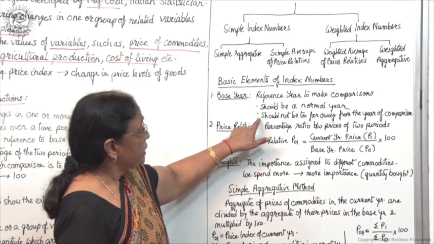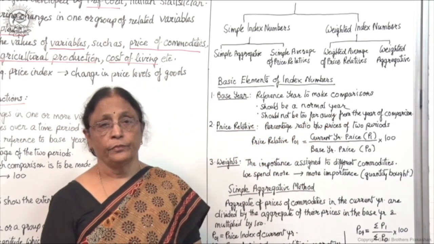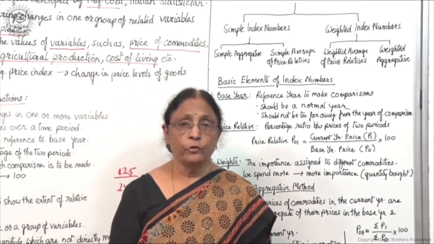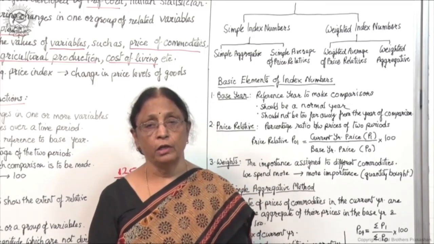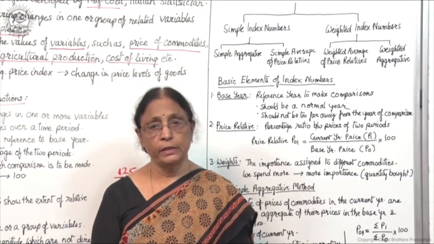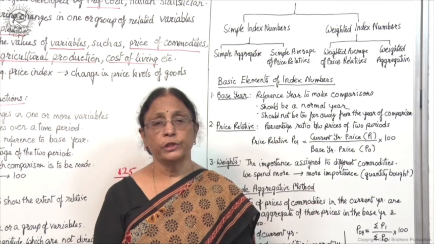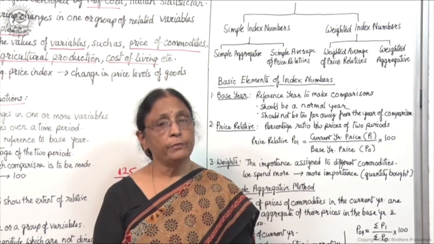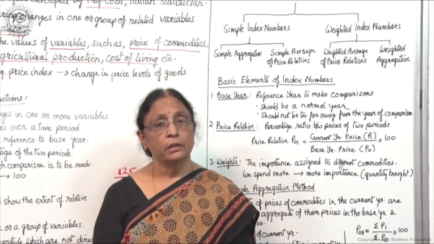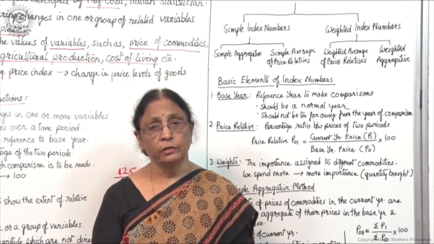Second, base year should not be too far away from the year of comparison, right? Suppose you want to know the price change in 2014. Then if you take base year as 1901, will that be logical?